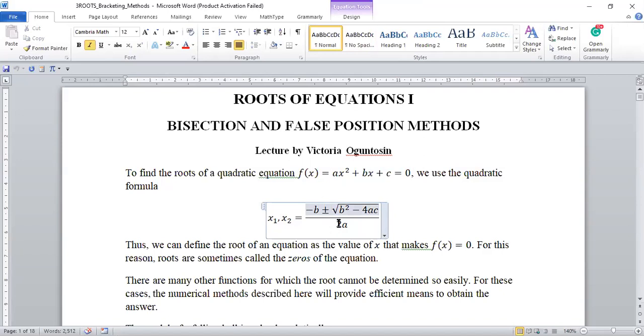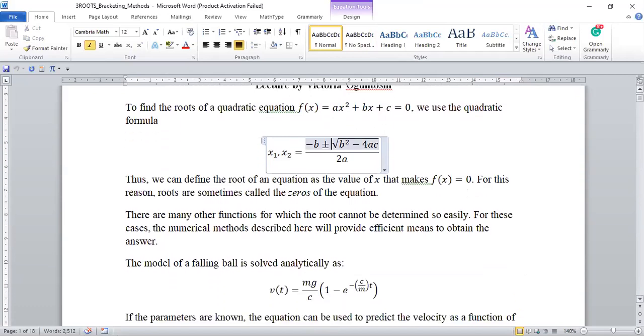So you are all familiar with that. And there are some expressions that you have to reduce. When you are given the question, you have to reduce it to finding the root of the equation.